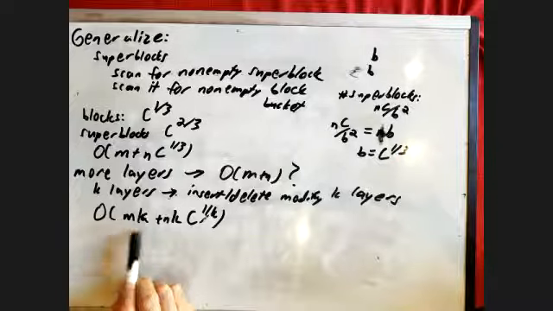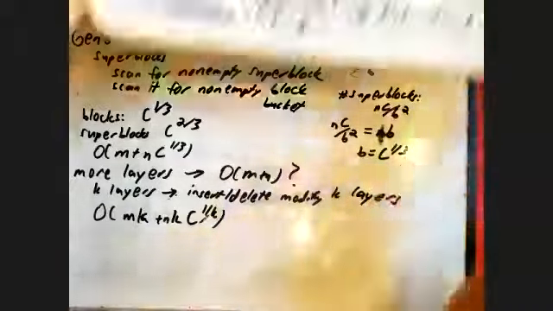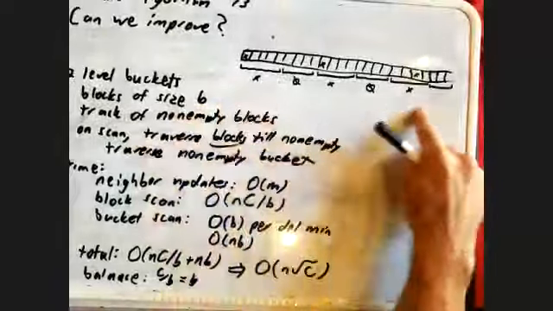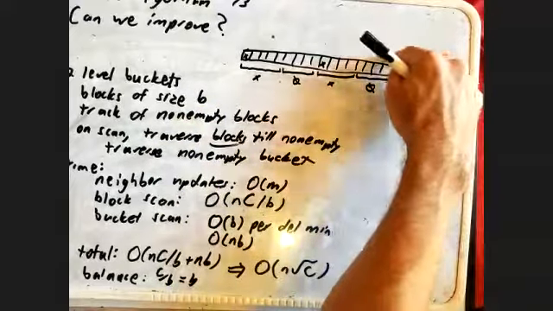No, what I mean is that in a super block, you have to also search among the blocks. I don't have to search, right? Remember that at each of these layers, I scan through the super blocks to find a non-empty block. Once I find the non-empty block, I simply scan it.